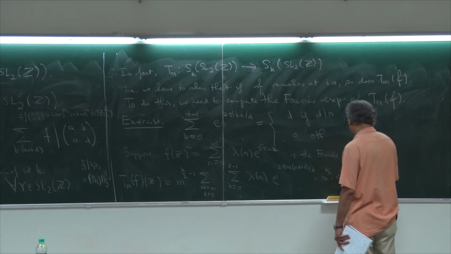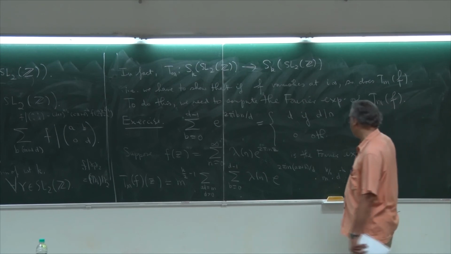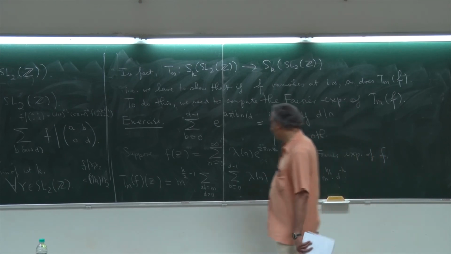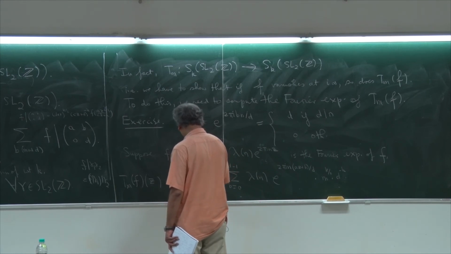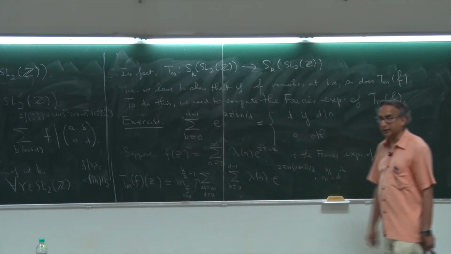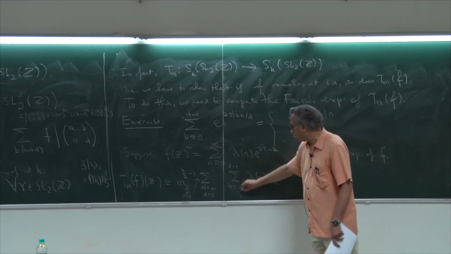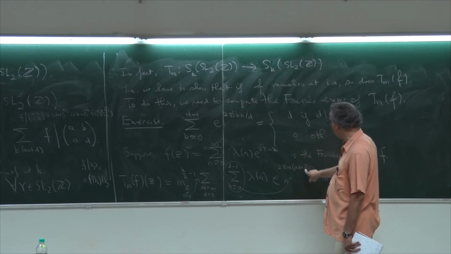Then f of, well, I just did that, so it's all there. So you end up getting these fudge factors. Oh yeah, thank you. There's a sum missing. The sum is over n going from 0 to infinity. So now what do we do? We obviously interchange summation and bring the summation over b in here, and you can see it's going to be e to the 2 pi i n b over d.